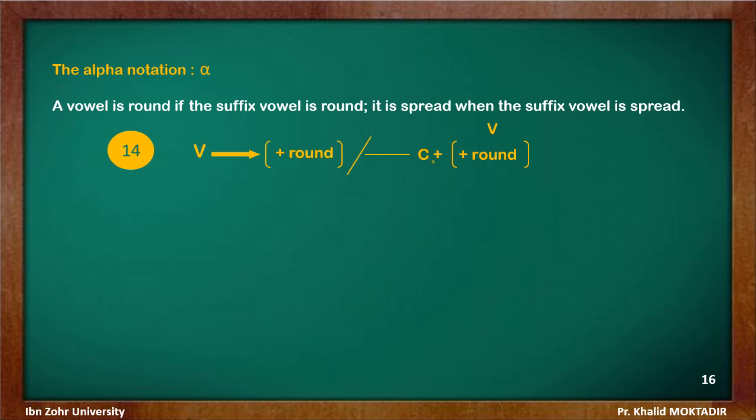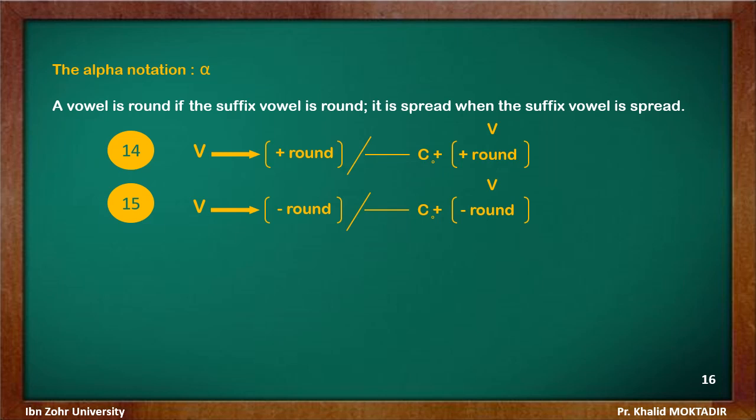Let's take an example. A vowel is round if the suffix vowel is round. That is, the stem vowel is plus round if the suffix vowel is round. It is minus round if the suffix vowel is minus round.